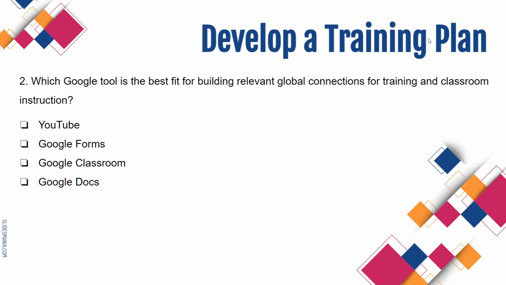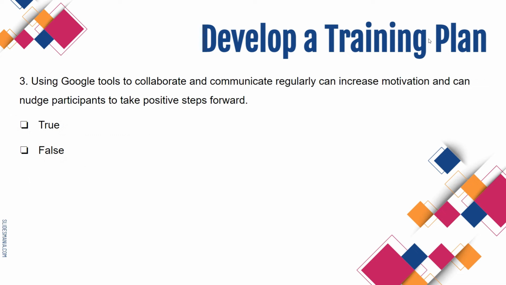The second question. Which Google tool is the best fit for building relevant global connections for training and classroom instruction? Sure, YouTube. The third question. Using Google tools to collaborate and communicate regularly can increase motivation and can nudge participants to take positive steps forward.